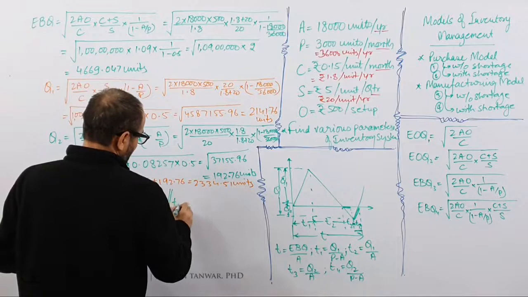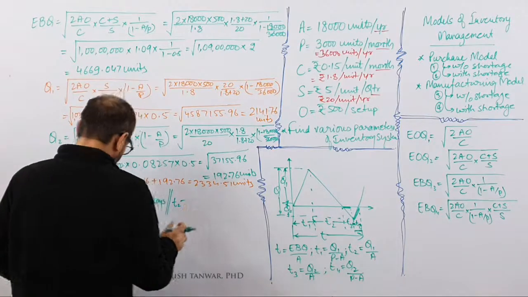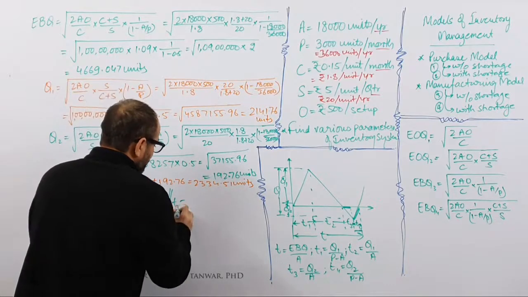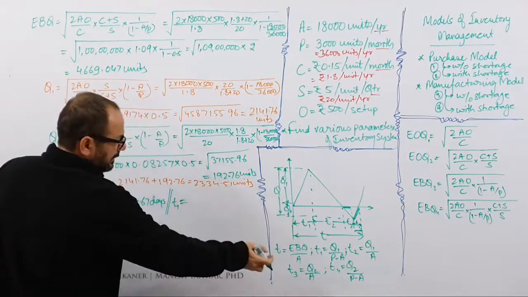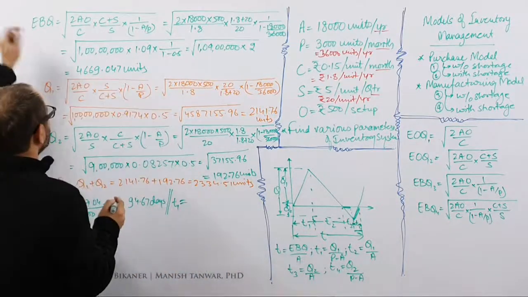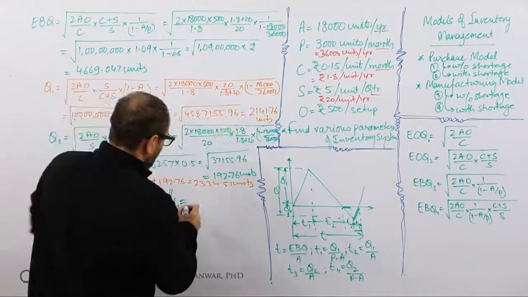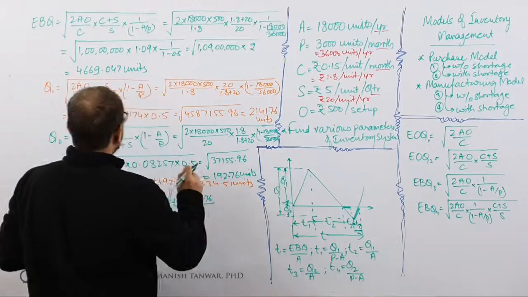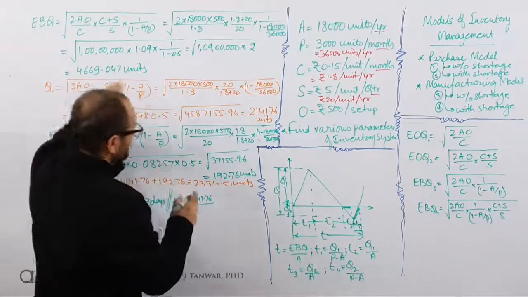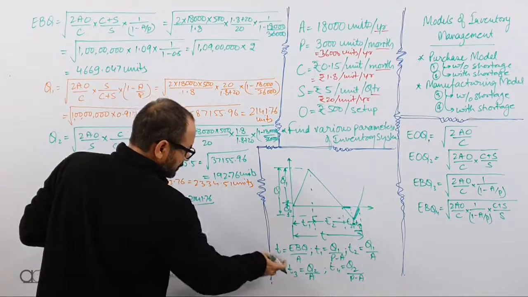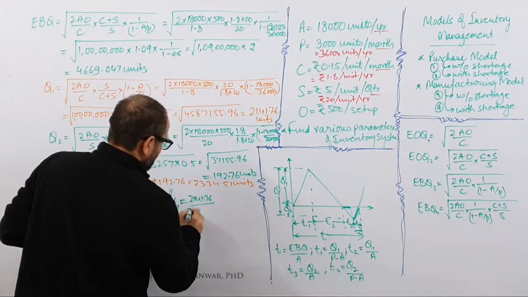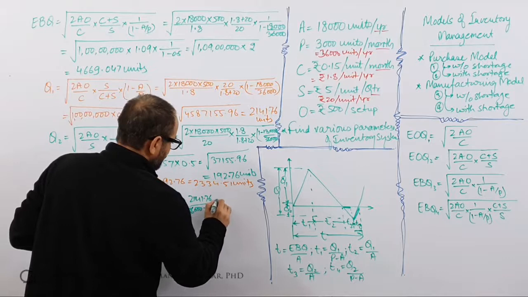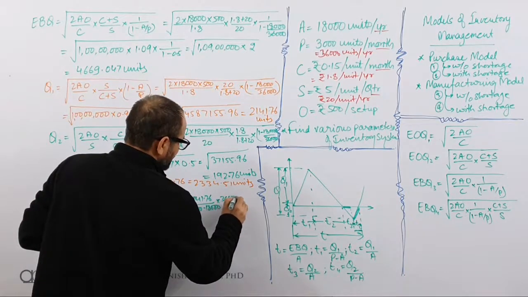Then let me find out T1. Sorry, this was T. T1 is Q1 upon P minus A. Q1 is 2141.76. A is demand 18,000. Sorry, T1 is P minus A, so it will be 36,000 minus 18,000 multiplied by, of course, 365.